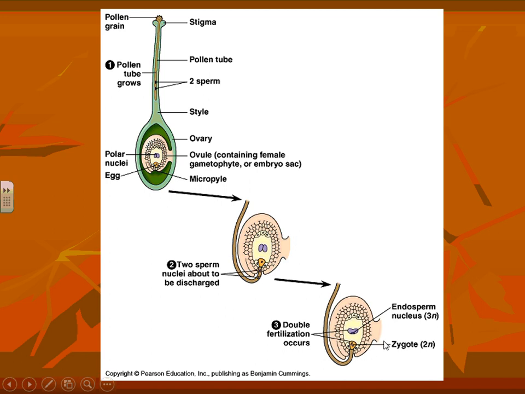I'm showing we now have a zygote that has the diploid number of chromosomes, which is 2N. And then here's the endosperm nucleus, and the endosperm has a 3N number of chromosomes, but that's not going to make another new individual. That's a storage that's going to make up the seed, and the seed is going to use that to stay alive and continue to grow.